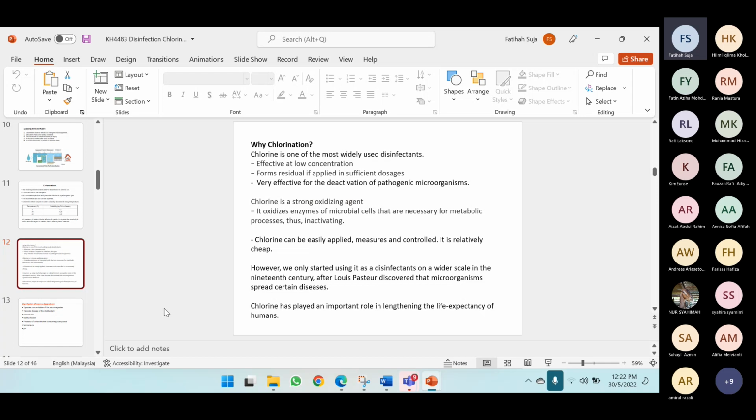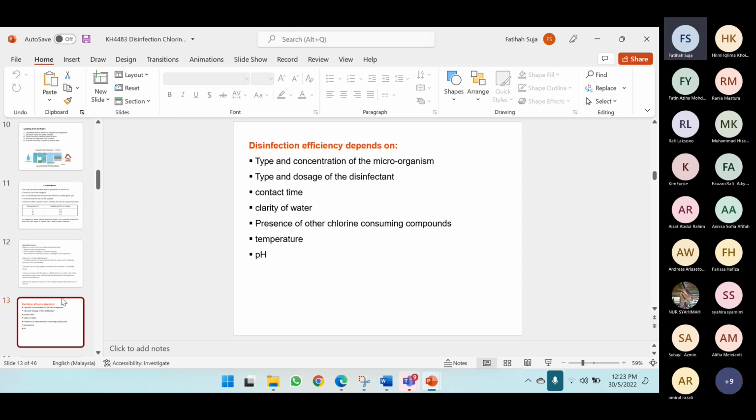But since you know that 80% of the human body is water, if you have a very good water supply, then of course this factor really affects the life expectancy of humans.